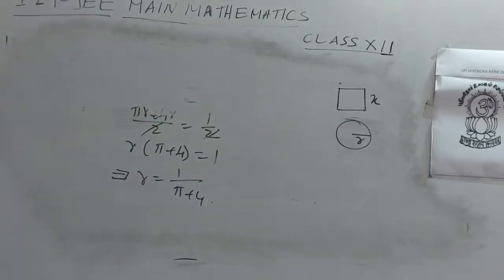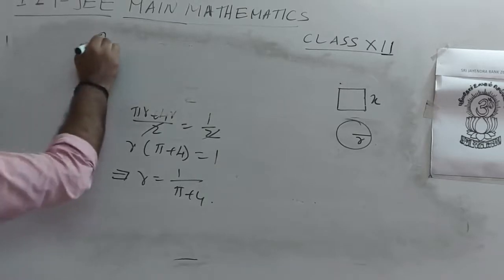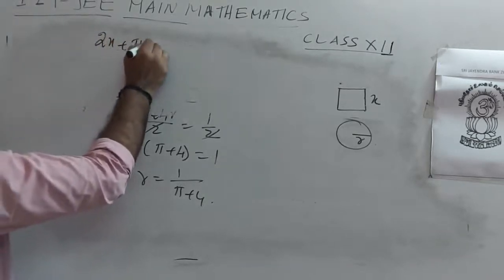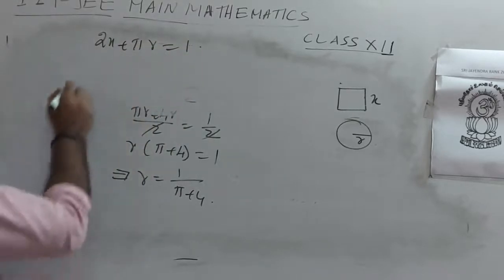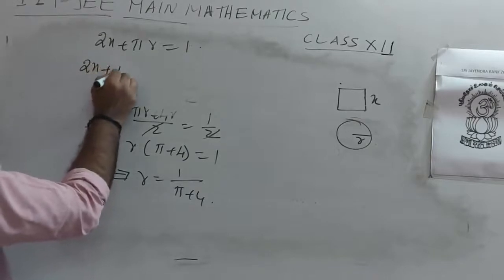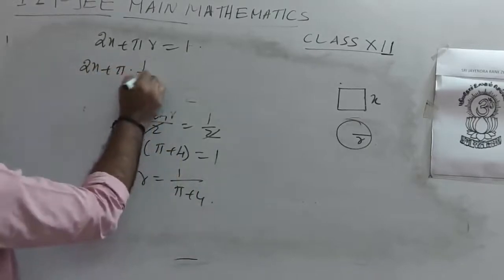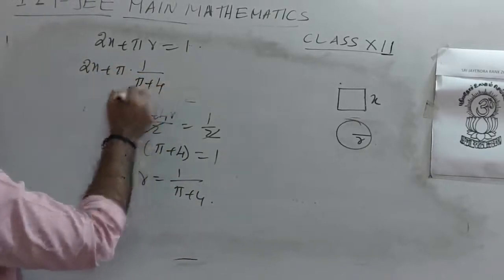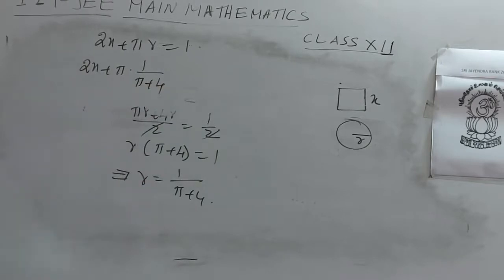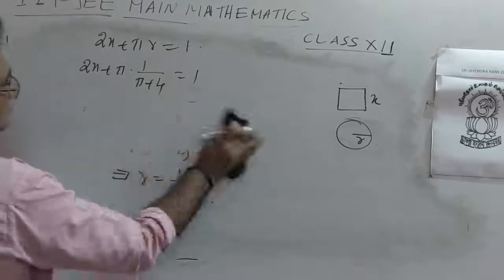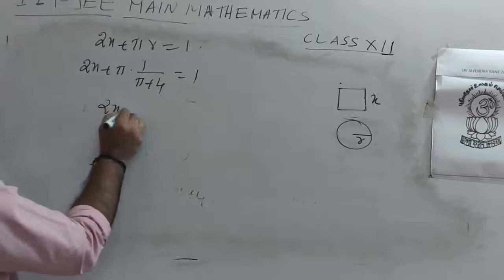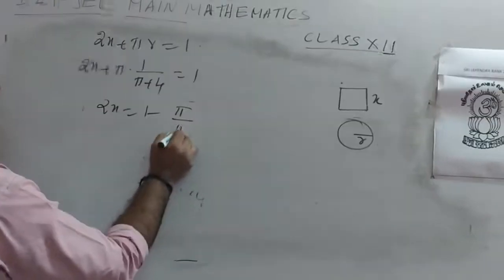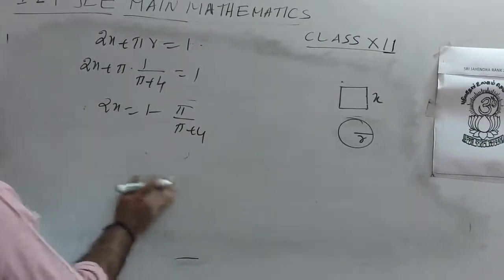Previously we had a step 2x plus pi r equal to 1. 2x plus pi, in place of r we take 1 by pi plus 4, equal to 1. One minus pi by pi plus 4.